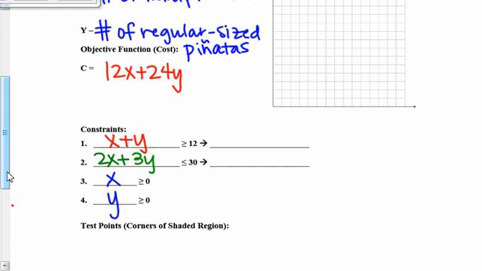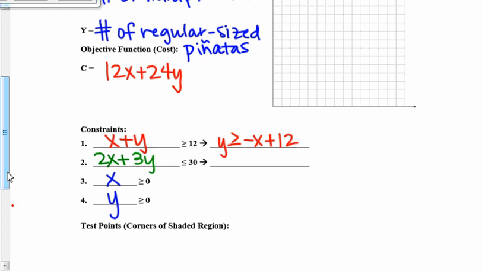So then my arrows indicate I need to solve for y in order to graph these lines. So I'm going to say that if I subtract over x for the red, I will get y is greater than or equal to negative x plus 12. And then my other one, first I have to subtract 2x, and then I'm going to have to divide by 3.